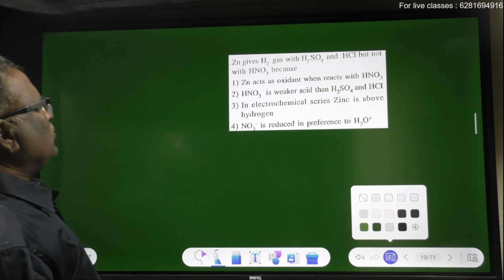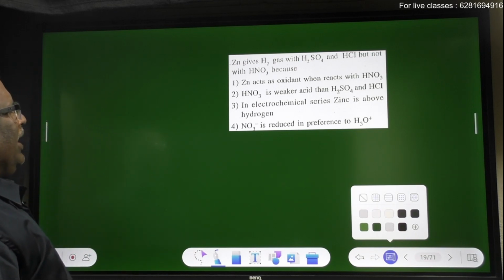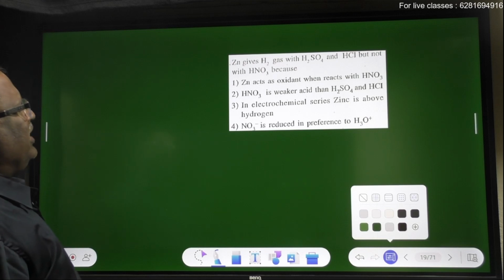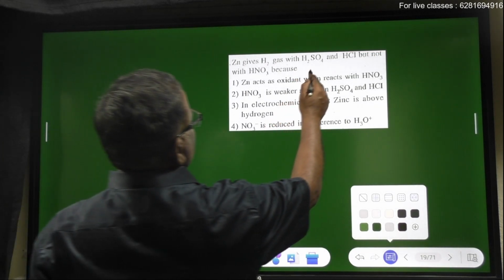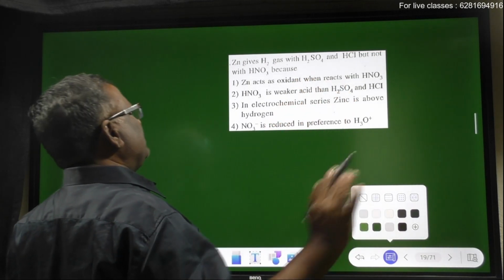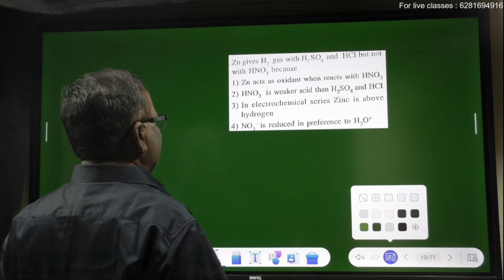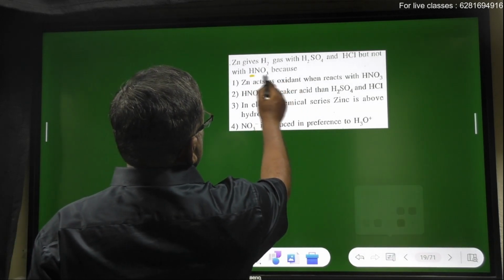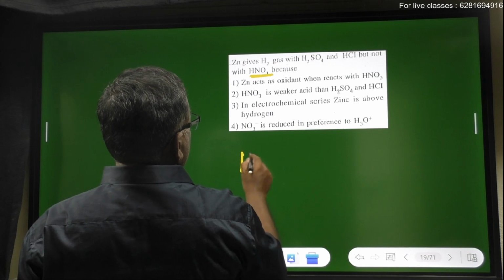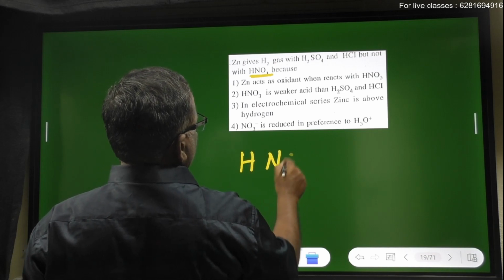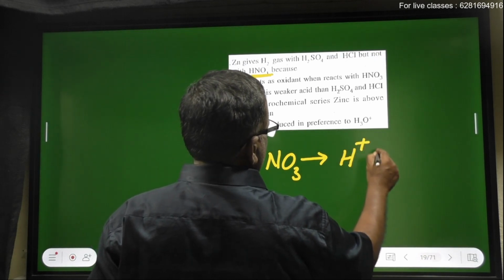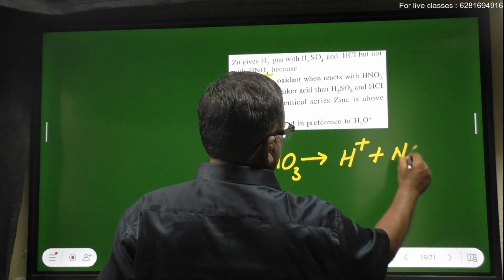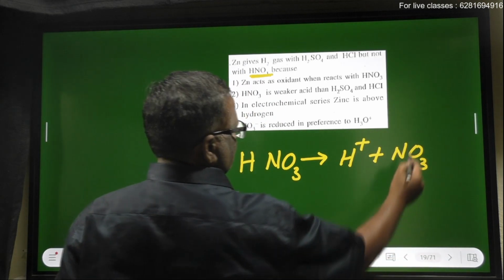Zinc gives H2 gas with H2SO4 and HCl, but not with HNO3. So here zinc, when it reacts with HCl or H2SO4, liberates hydrogen gas. But the same H plus ions are present in HNO3. In HNO3, we have H plus ions and NO3 minus ions.